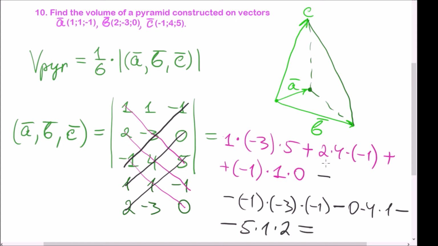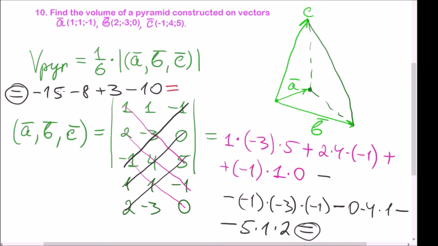That's all. Let's calculate it. So we'll have minus 15 minus 8, then 0, then the minuses will give plus here, plus 3, 0, and minus 10.